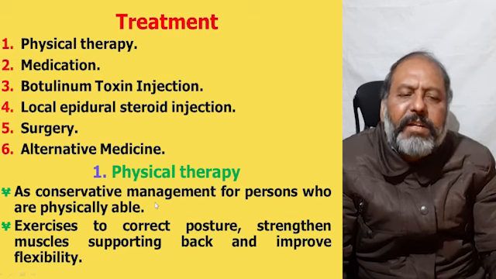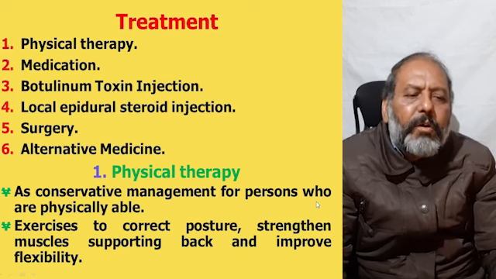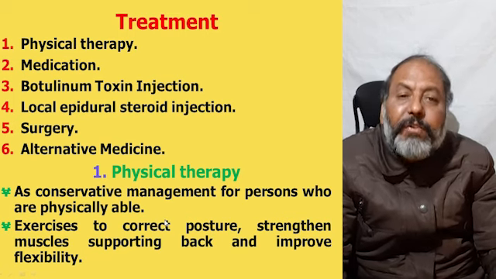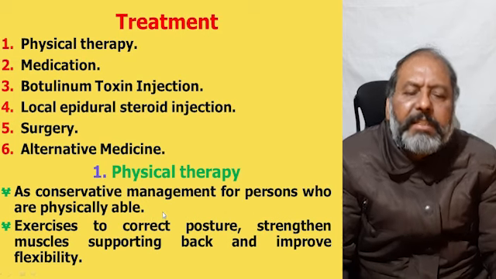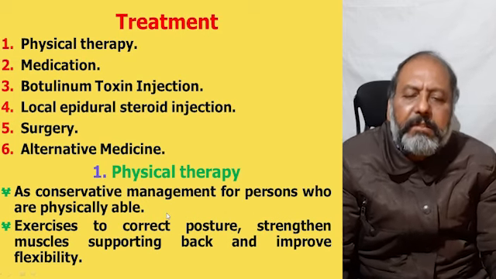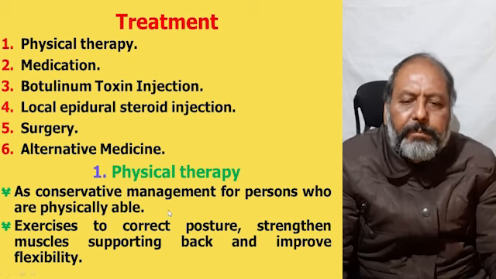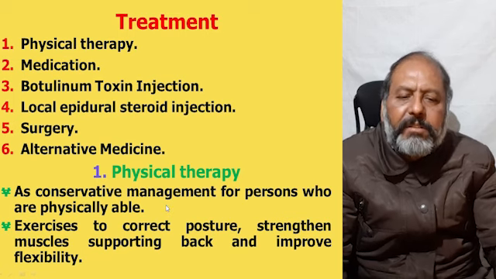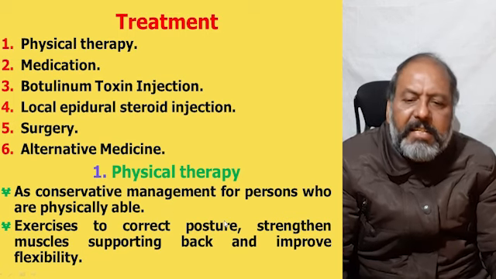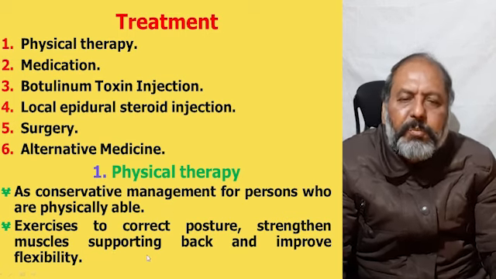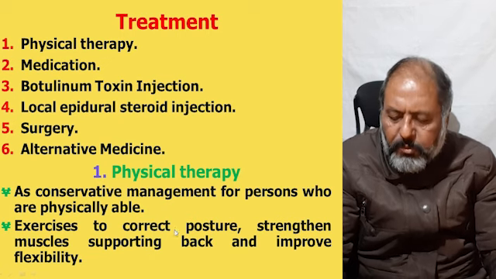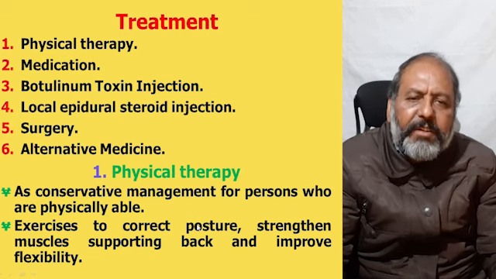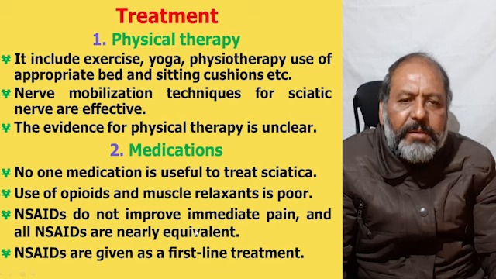As conservative management, for the person who is physically able to do physical activity and can have this therapy, there are certain exercises to correct the posture, strengthen the muscles supporting the back, and improve flexibility, along with weight training in the gym.